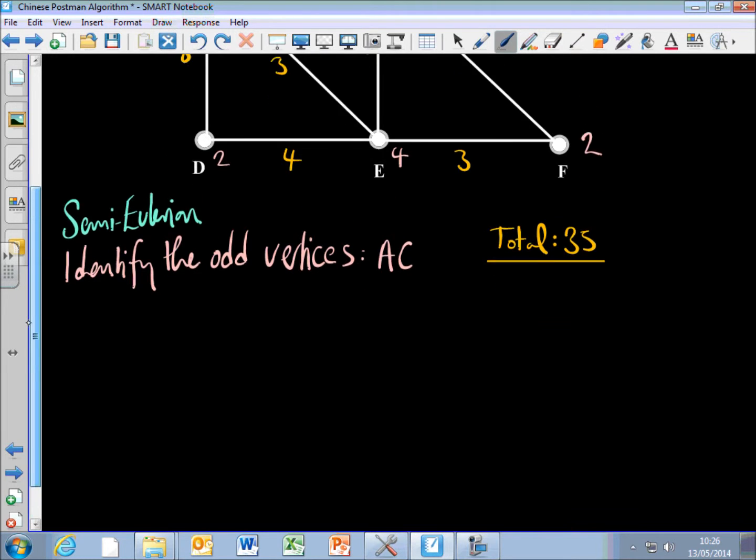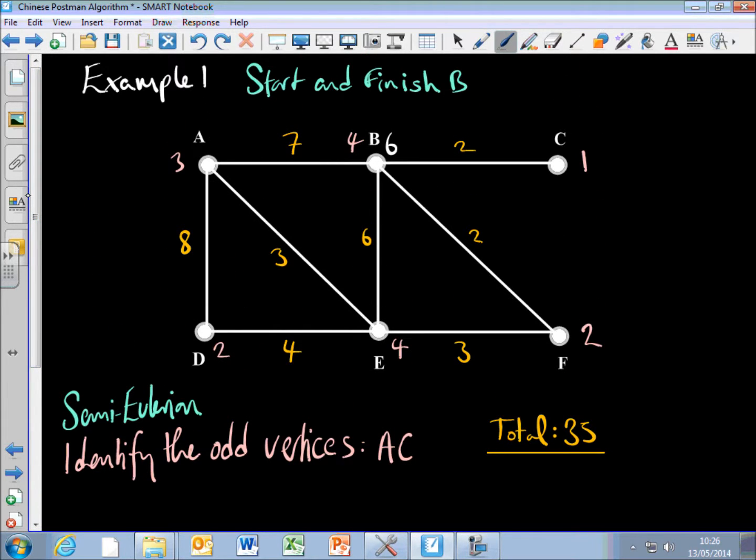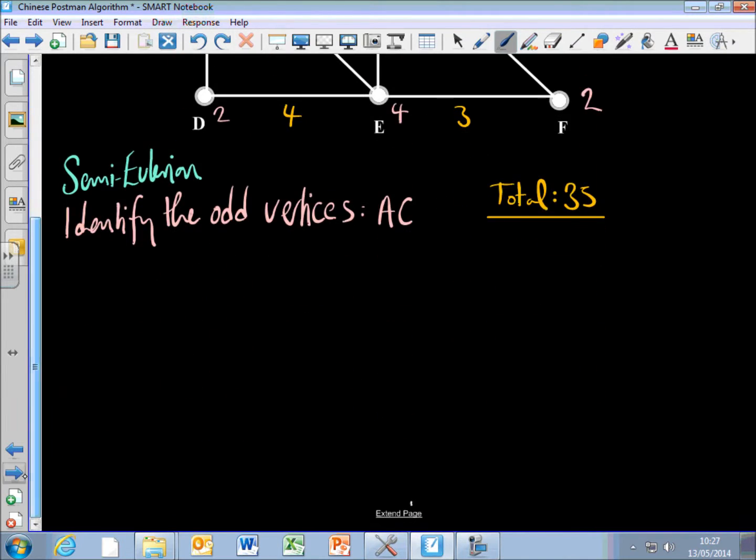And what we're going to do is try and find the best way to pair up A and C. The best way to do that is adding an edge here. I'm not really adding an edge, I'm just saying I'm going to do this edge again. And then adding an edge here, which gives me a total of 9. A to B to C is 9. So identify the odd vertices A and C, and A to C is a total distance of 9.